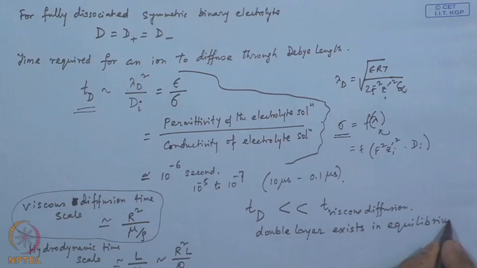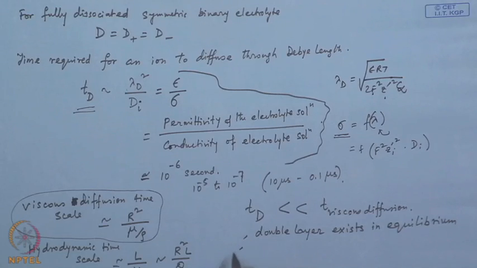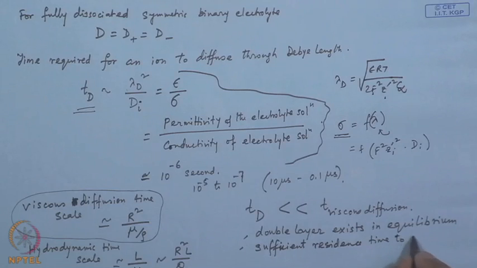In other words, what you conclude here is that there is sufficient residence time to charge the double layer when the jet moves out of the capillary.